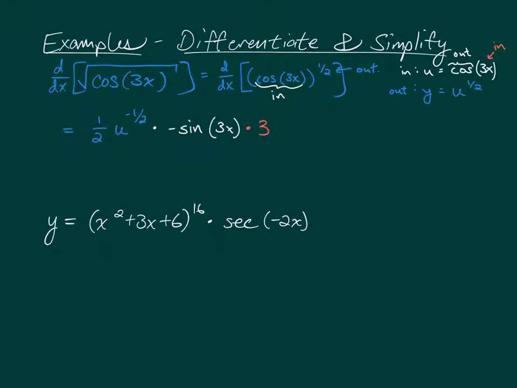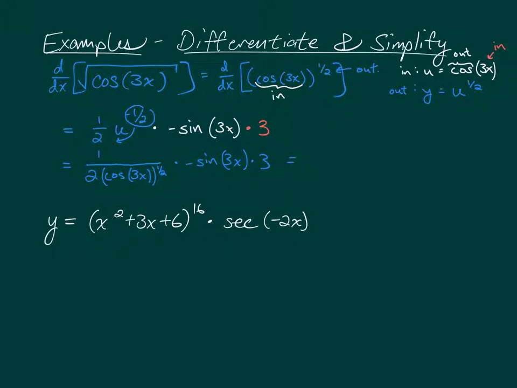So let's do some rewriting here. This can't be u, this needs to be in terms of x. So we can rewrite 1/2. And since this has a negative exponent, I'm going to push all this to the bottom. So instead of writing u, I'm going to write cosine of 3x, that whole thing raised to the 1/2 power, times negative sine 3x times 3.